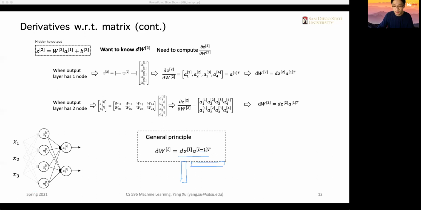So this L minus 1 means that it's from the previous layer, because we have this transpose operation on the A. The transpose basically converts a column vector into a row vector, right?